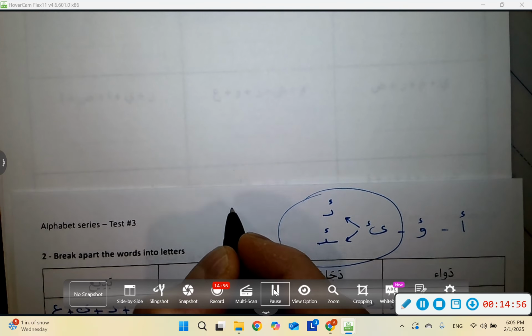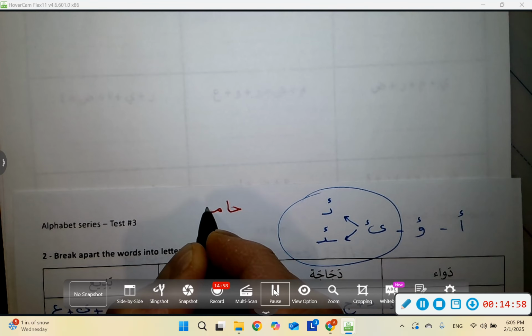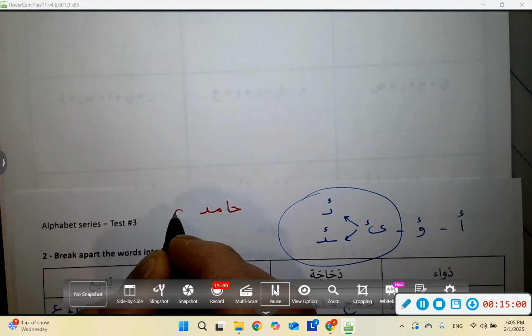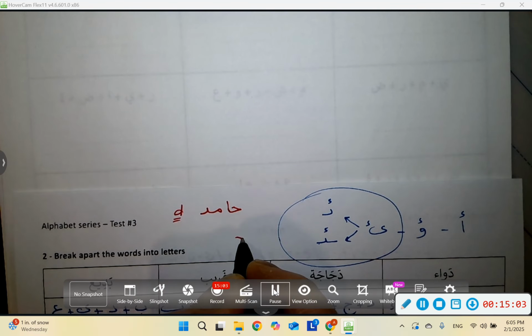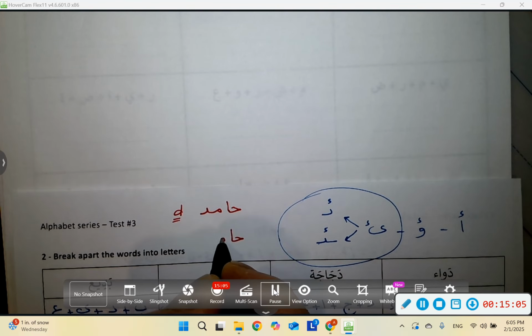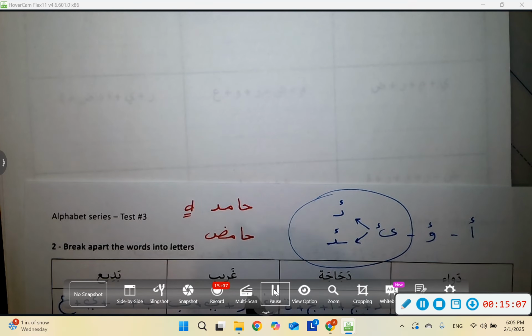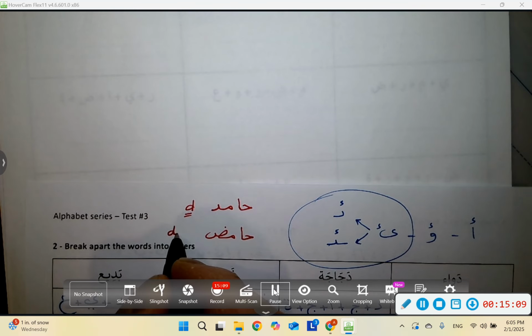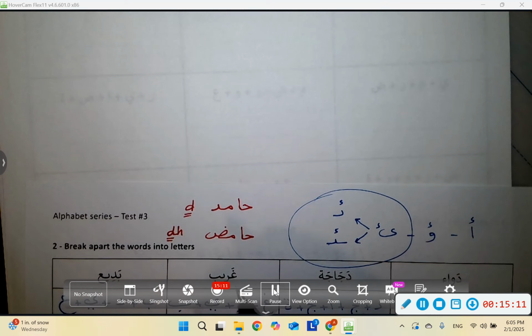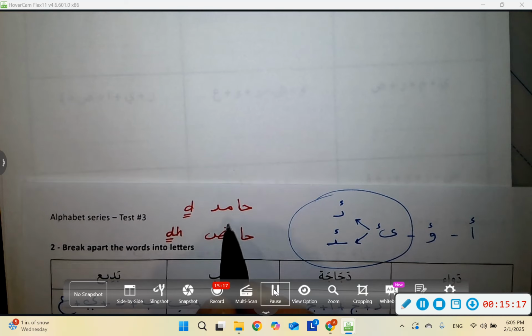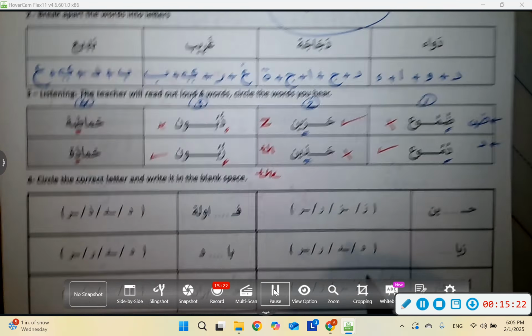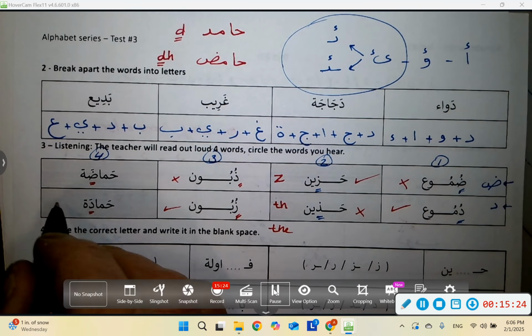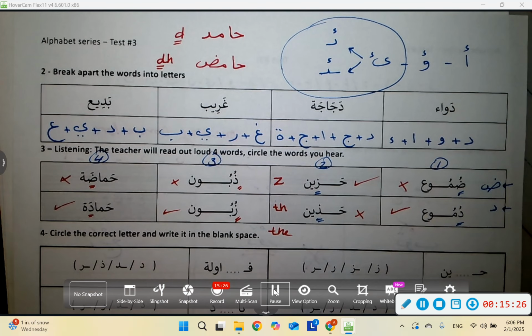We have حامد with dal, and we have حامض with ض. Now ض we write it DH. So this is حامد, this is حامض. So this is the correct one, this is wrong.